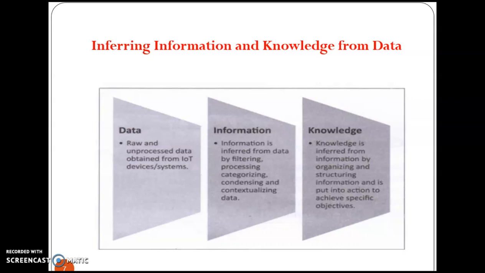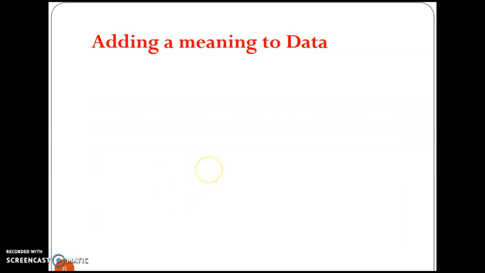Information is inferred from the data by filtering, processing, categorizing, condensing and contextualizing the data, and then knowledge is inferred from the information by organizing and structuring the information, and it is then put into action to achieve a specific objective. So in this section we learned about the wide scope of IoT and how the data is handled in an IoT device.